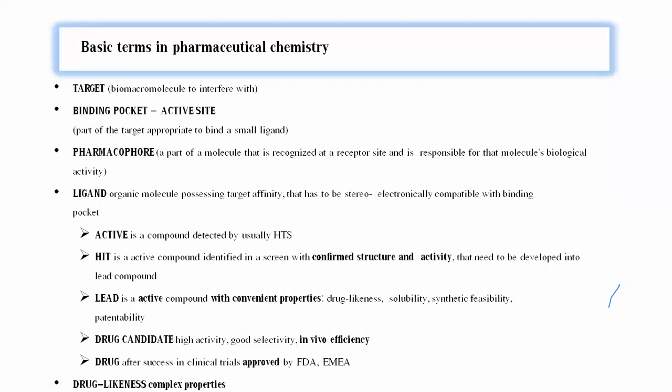It is a part of the target appropriate to bind a small ligand. The drug molecule is small in nature, but it is going to bind on the appropriate site of that target molecule. That spot or pocket is known as the binding pocket, and that site or location is known as the active site.